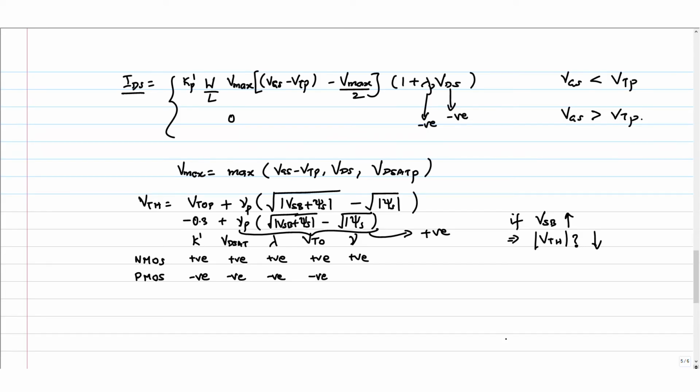Okay, so the way you should analyze this equation is write this as Vt naught plus gamma P into, let's substitute a value for psi s, minus 0.25 plus VSB minus root of mod minus 0.25.